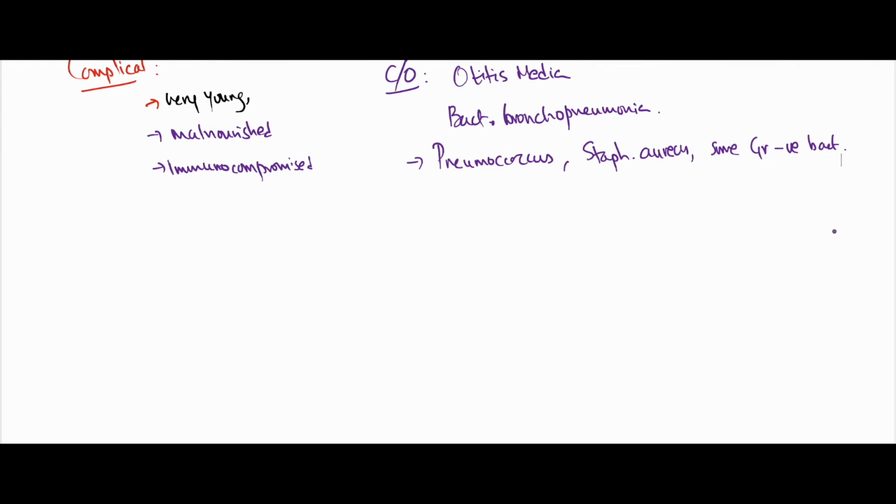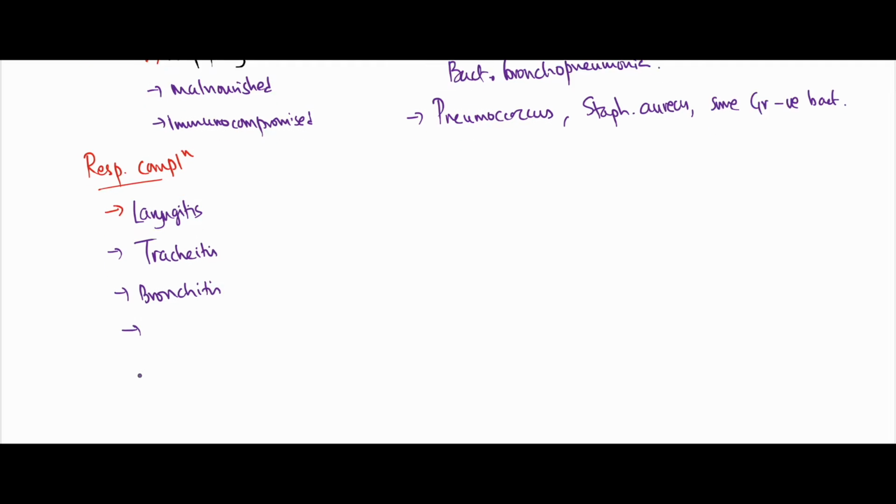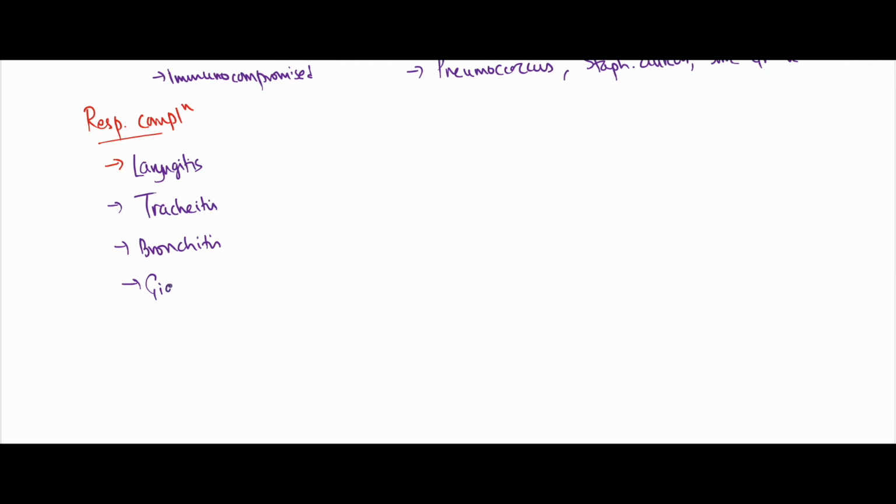So now we'll go on to describe some of the respiratory complications. Respiratory complications include laryngitis, from up to down. Just go on telling this: laryngitis, tracheitis, bronchitis, giant cell pneumonia.